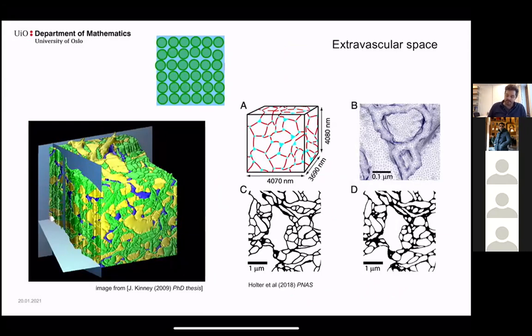The space in between is marked in black in these images down here. So this is only a couple of nanometers thick, these interstitial spaces. And then in comparison, our vessels are a few micrometers in diameter. So they're going to be quite big structures in comparison to the surrounding tissue.